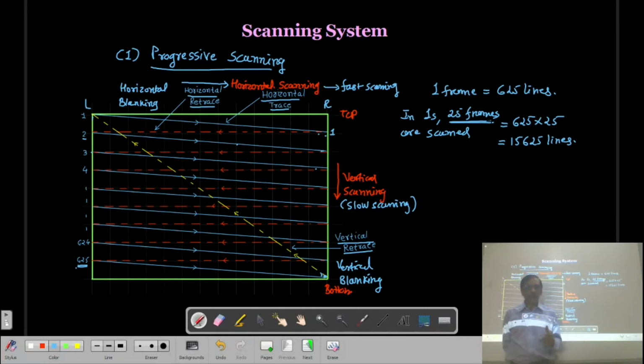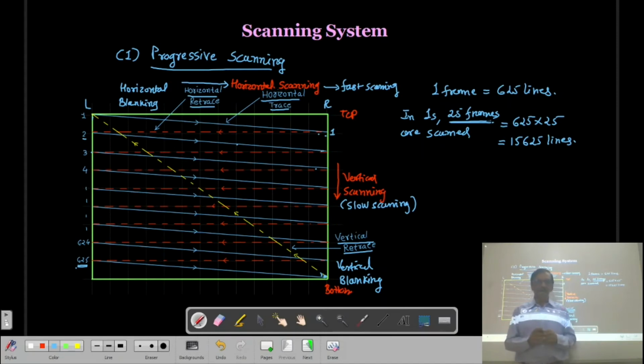So if you want to remove this, then we have to increase the repetition rate of the frame, and that is possible in the interlaced scanning, where the one frame is displayed 2 times on the screen. So the frame frequency is going to increase, and this frame is divided in 2 parts.